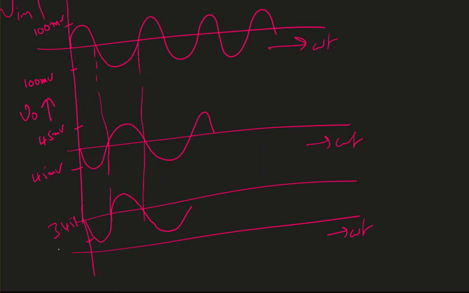So this must be 3.45 plus 0.045, if I convert that into volt, very little. And this must be 3.45 minus 0.045. That's the lower limit with the DC voltage included.